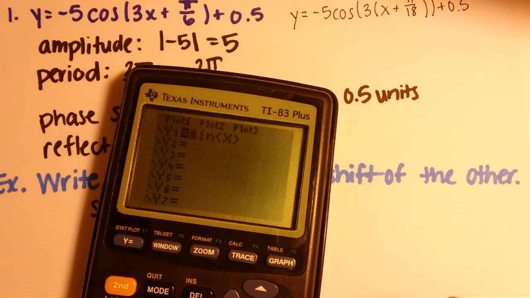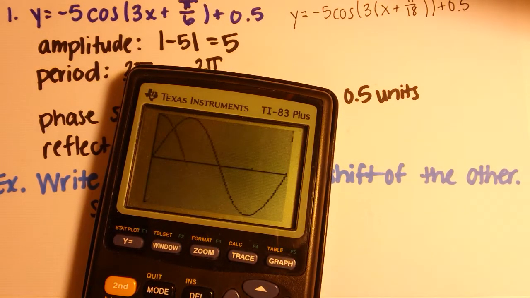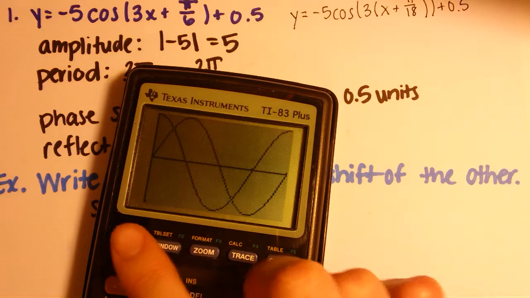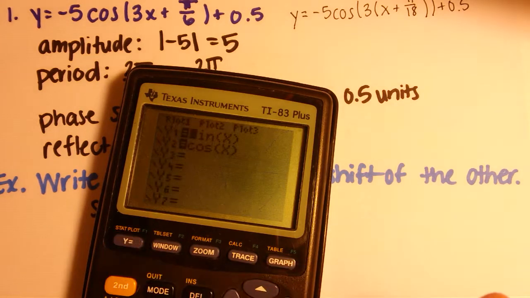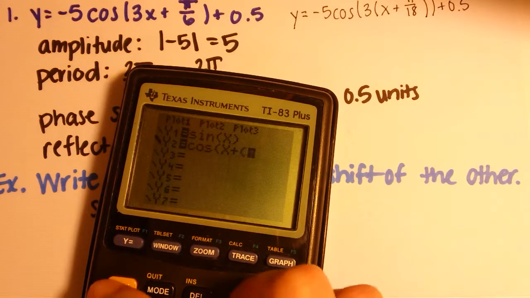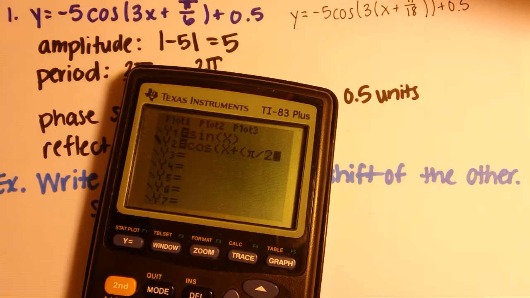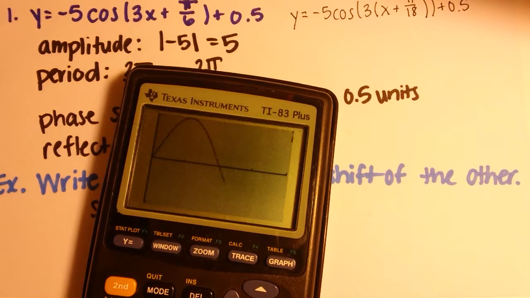Now over top of it, I'd like to graph cosine. Now, watch what happens when I change cosine and shift it pi over 2 units. So this is our sine function. Then cosine plus pi over 2.